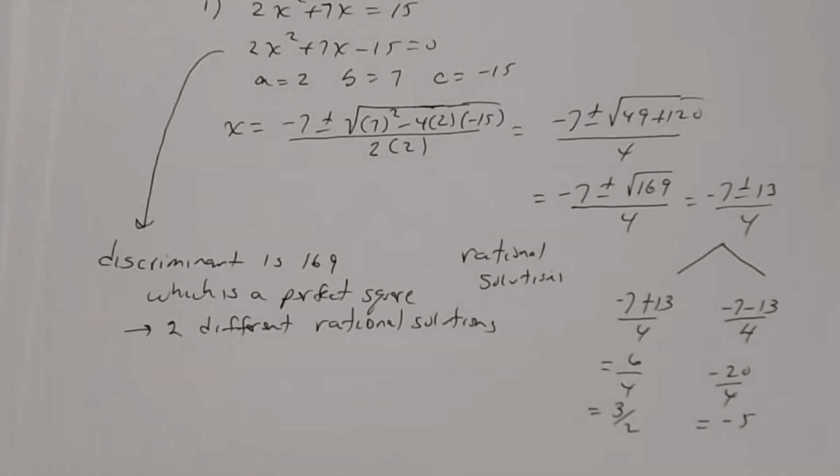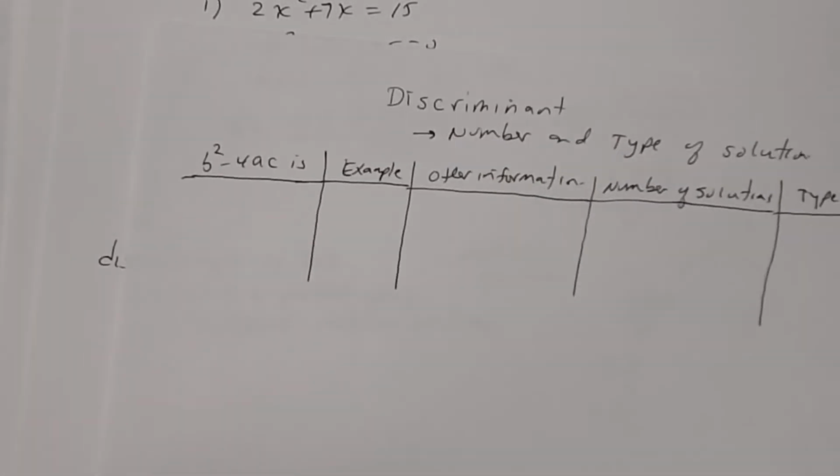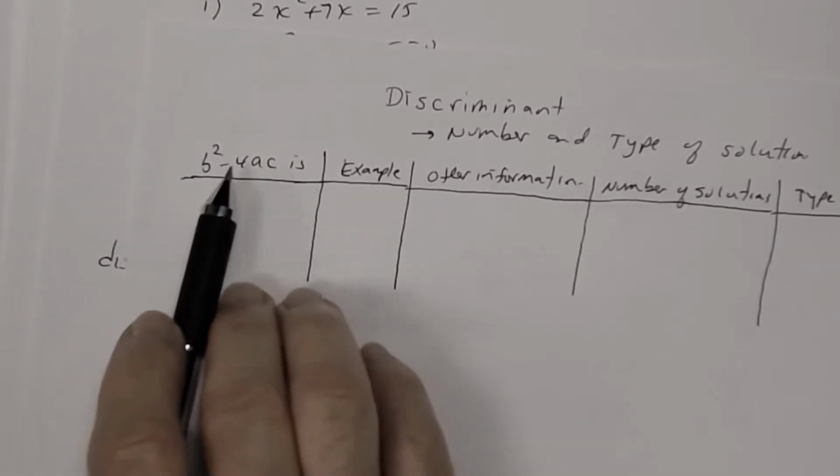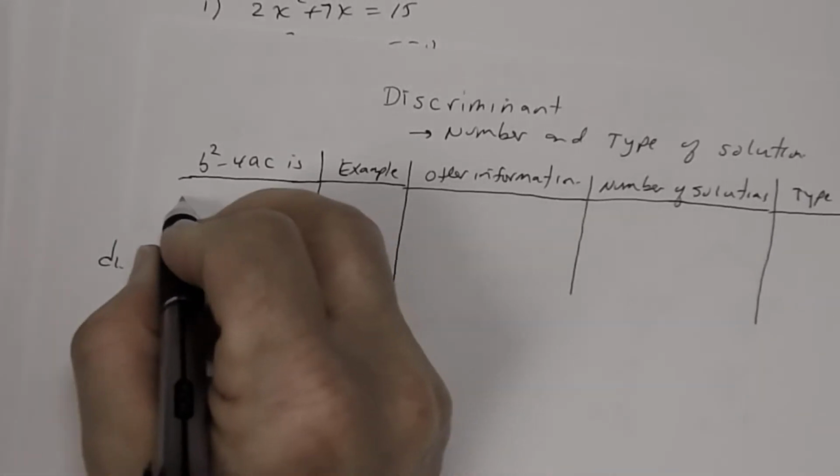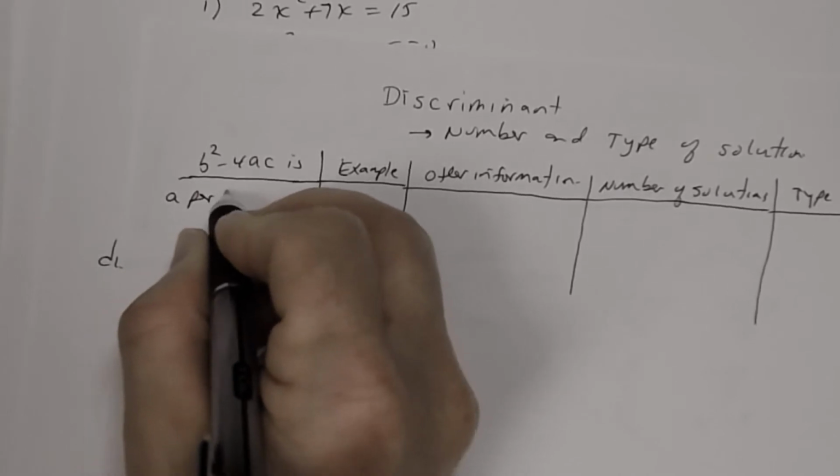Now here's a little chart we're going to complete as we go through this. So b squared minus 4ac is a perfect square.